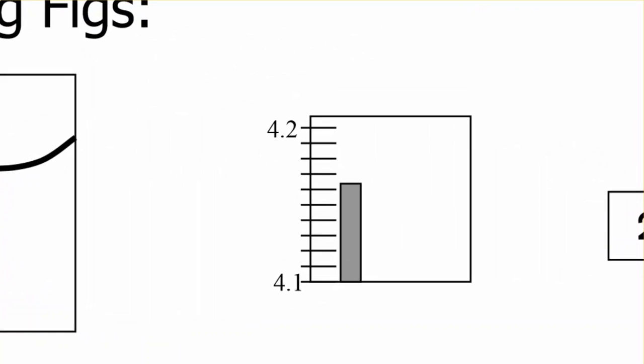Let's try this one. This one is a little bit easier to see. So I know for sure that whatever I'm measuring here is between 4.1 and 4.2. So I'll start off my measurement as 4.1, and then if I count, I know the next digit is 6 because it's between the 0.06 and the 0.07. And then I get to estimate in between there.